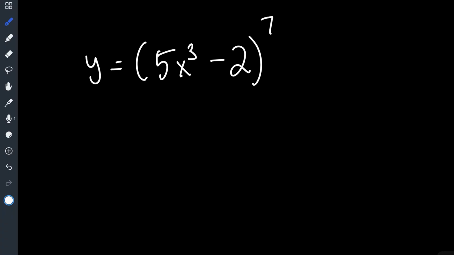Now it's your turn. Pause the video and try solving this problem on your own. y equals (5x cubed minus 2) to the 7th power. See if you can identify the outside function and the inside function before continuing.